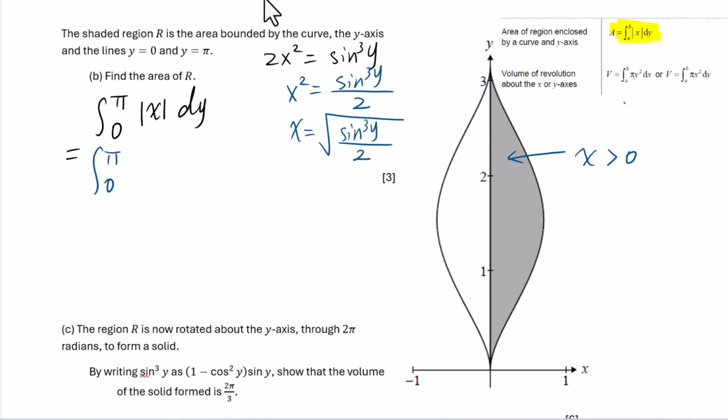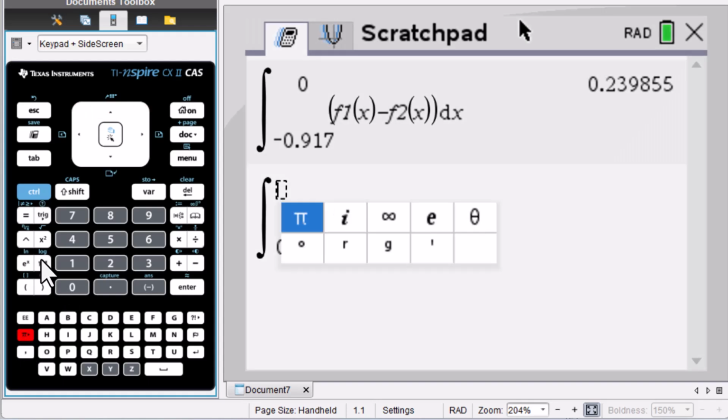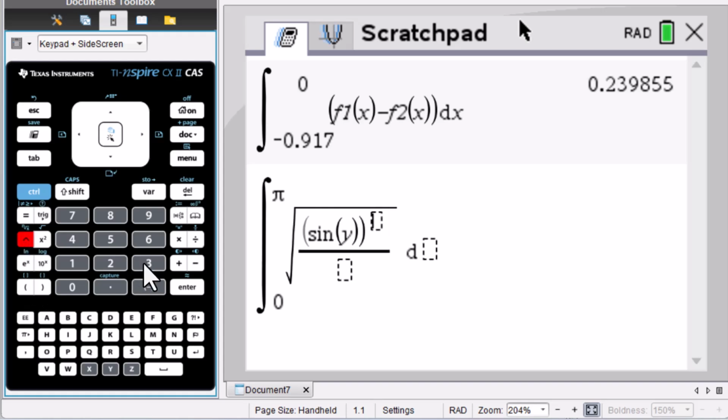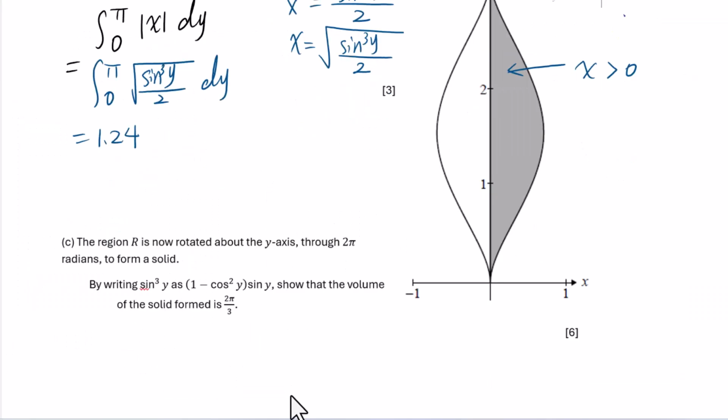Integral from 0 to pi of square root of sine to the third power of y over 2 dy equals, let's go to the calculator: shift, integral, 0 to pi, square root, control x squared, then control divide to get a fraction, sine y, then parentheses to the third power, over 2, dy. Enter. The answer is 1.24.